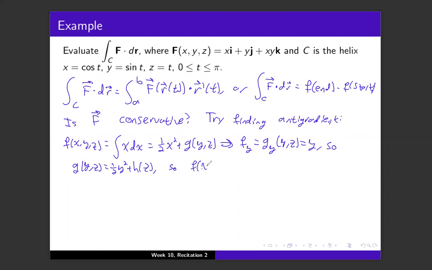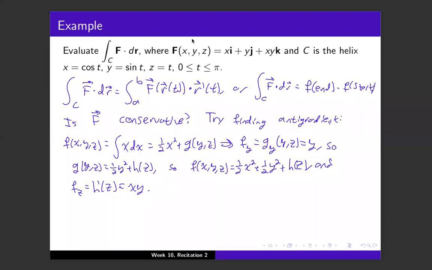So now we can say that f of x, y, z is 1/2 x squared plus 1/2 y squared plus some function of z, and fz is h prime of z, which comes out to xy. And that's a contradiction, which says that this thing is not, in fact, conservative. So the answer to this question is no.